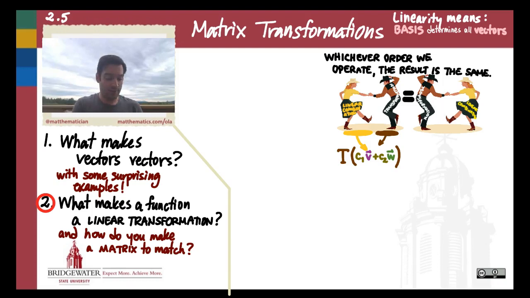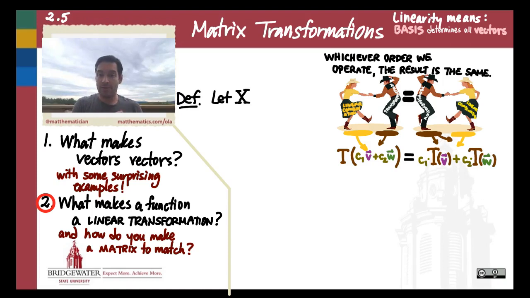transformation to the vectors. So if I had first done T of v and T of w separately, and then after that applied the same linear combination, so c1 times the first one, c2 times the second one. So that's what I mean by doing combination, then transformation, versus transformation, and then combination. And if T is a linear transformation, that means that these two things have to agree.